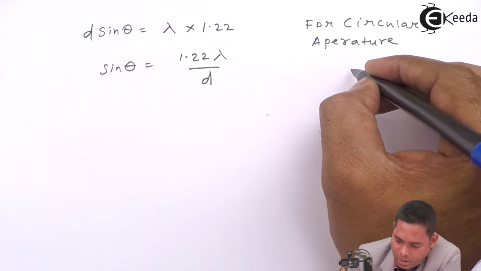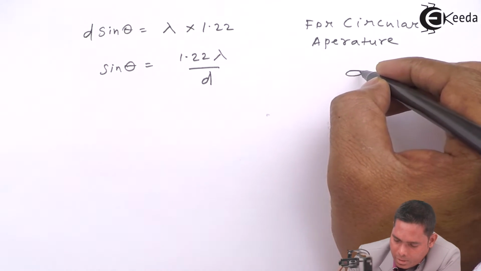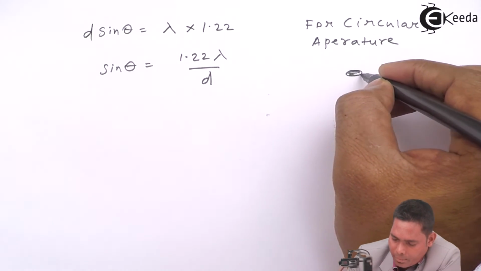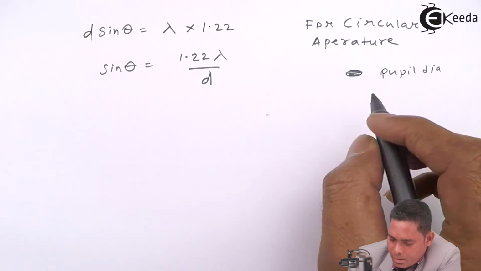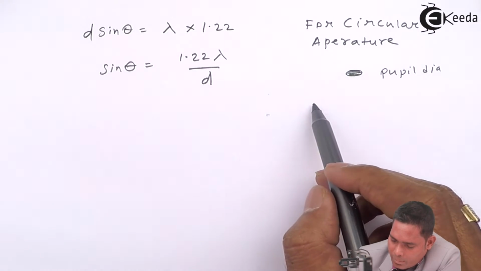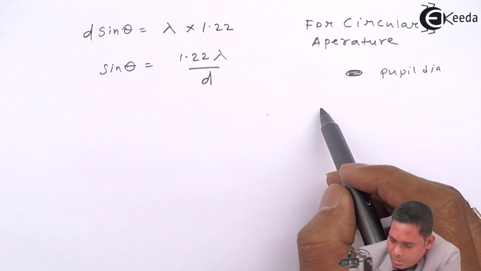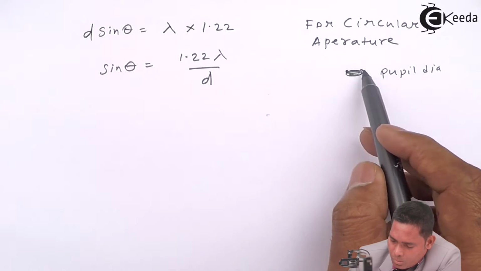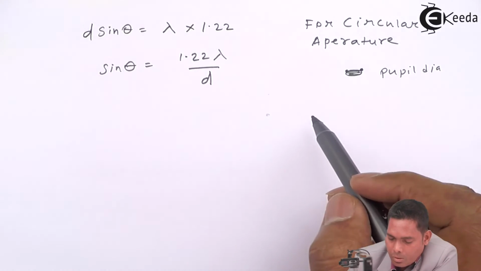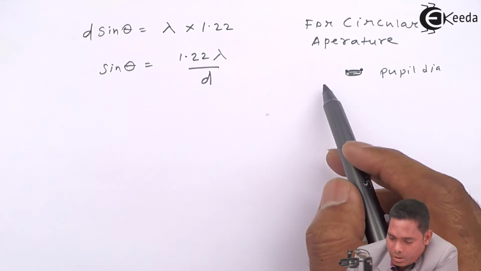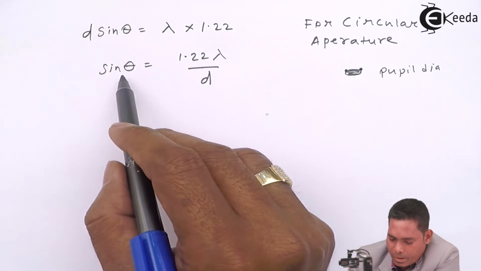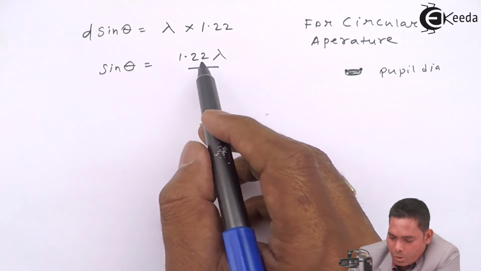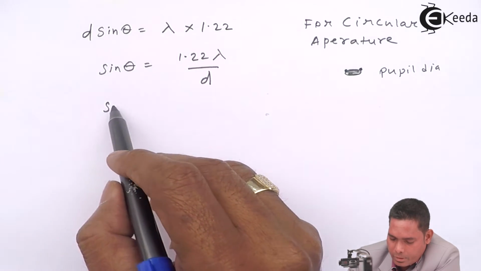Here d is this pupil diameter. I can draw this diameter here, so these are the two diameters. So this is d sine theta. From here, I will put in the value and get theta.